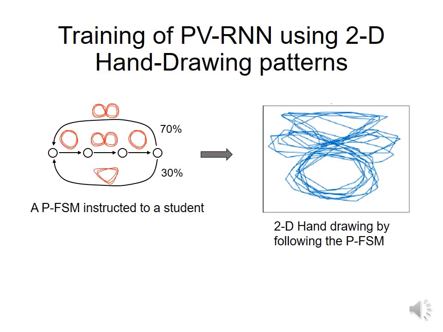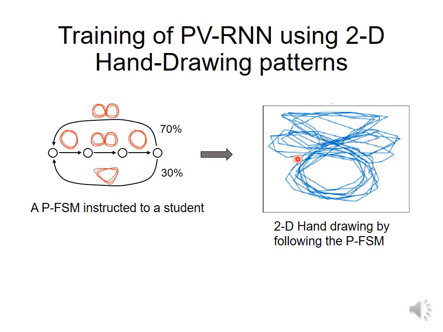First is drawing the circle for 3 cycles, followed by figure 8 for 3 cycles, and then again circles, and then go to 70% figure 8, 30% inverse triangle. As a result, we can get 2D hand drawings like this one.